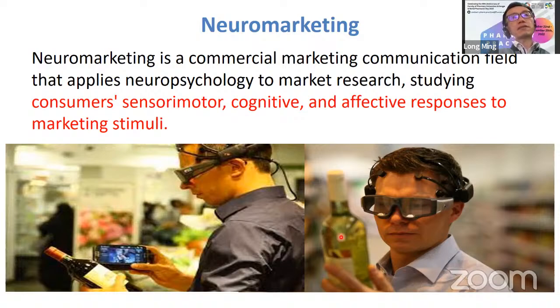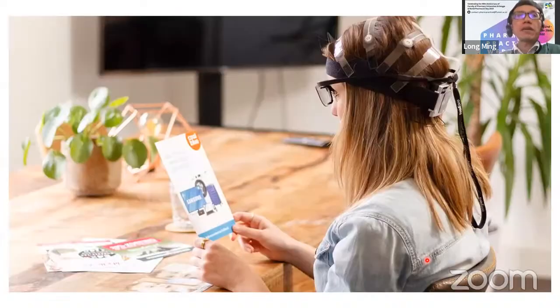For example, after seeing some drinks, what excites them, or any unusual sensory changes. Or they are given different brochures, and from the brainwave they will see how stimulating it is.